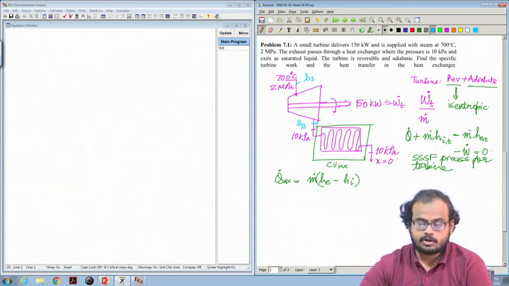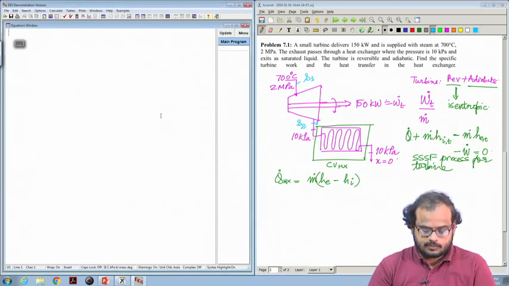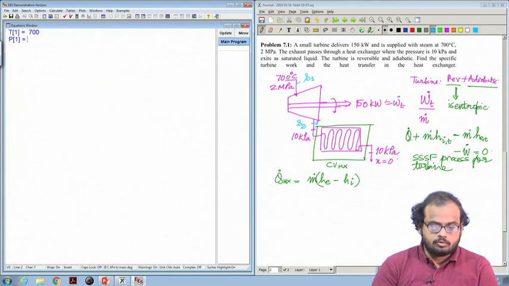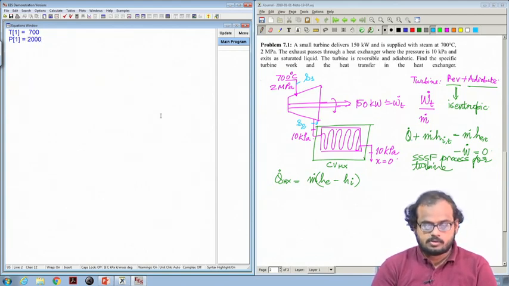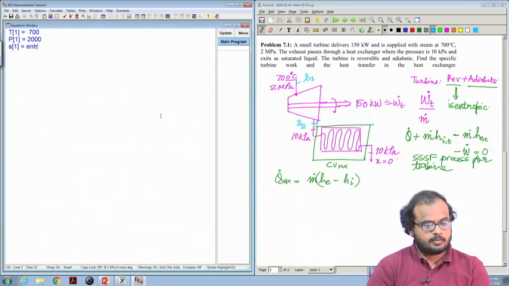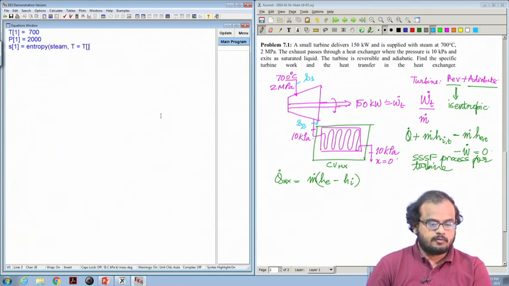So, let me quickly write down the values. I have T1 is equal to 700 degrees Celsius, P1 is equal to 2000 kilopascal, S1 is equal to entropy of steam at T equal to T1 and P equal to P1.